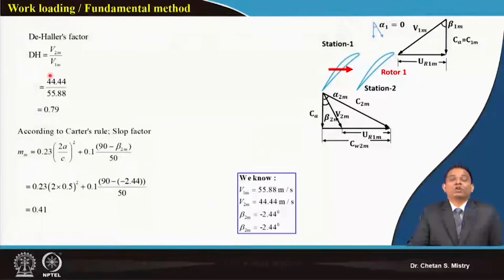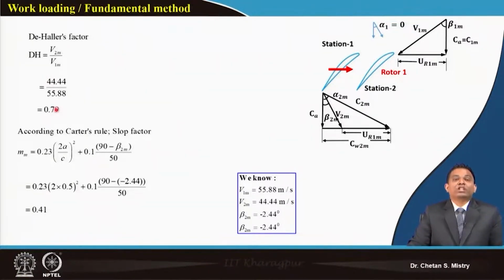Remember one thing, this de Haller's factor is applicable for the stage, and that too a rotor stator combination or stator rotor combination. But still we will be checking in order to get an idea of what we are getting for relative velocity at the entry of the rotor 2. We will see this part.